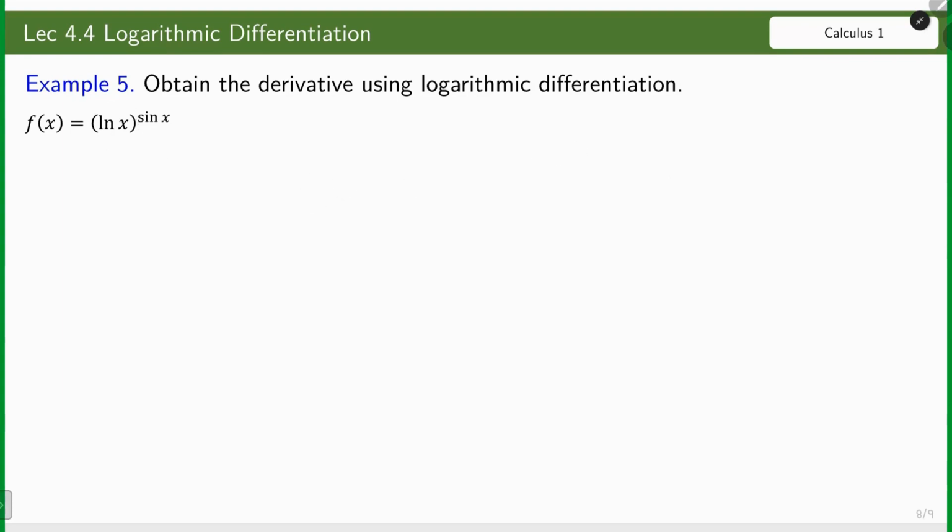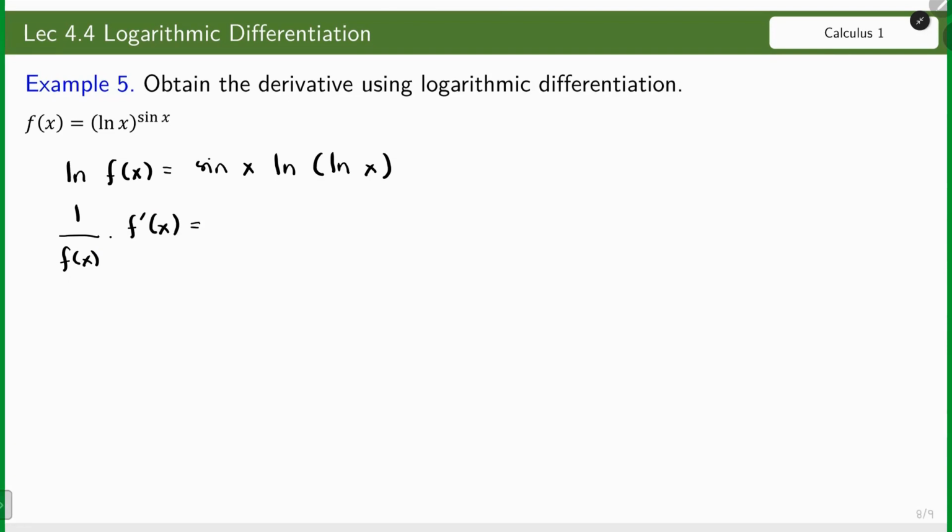The first thing that we're going to do is to take the logarithm of both sides of the equation. So this becomes ln f of x equals sine x times ln of ln x, applying the power rule. Taking the derivative of this, it becomes 1 over f of x times f prime of x, the derivative.